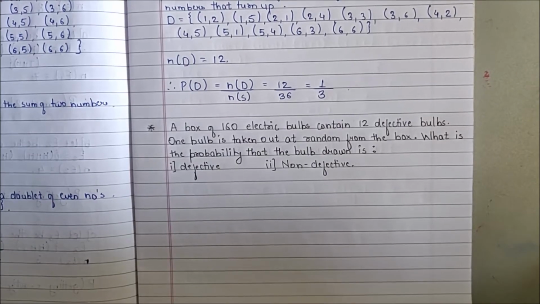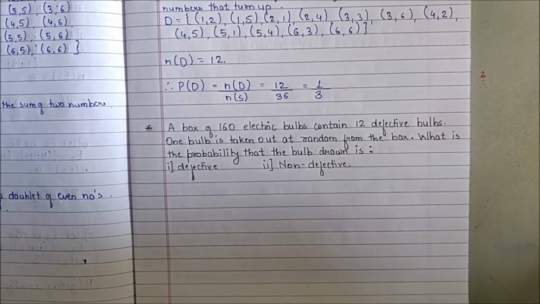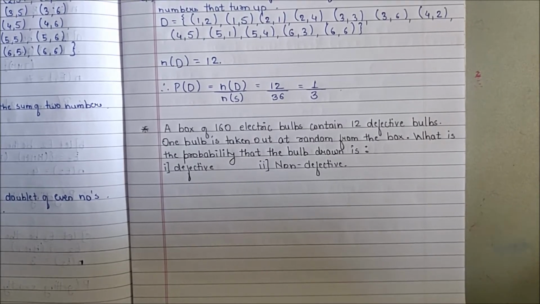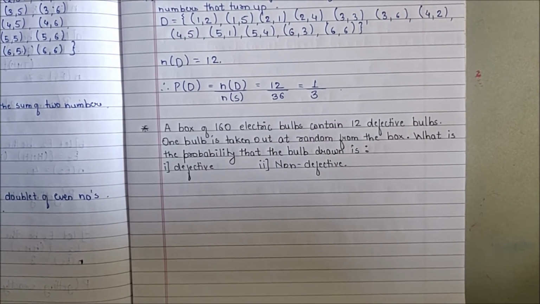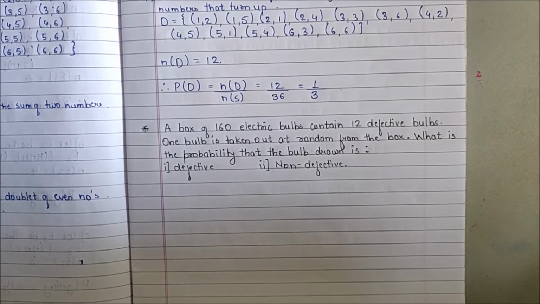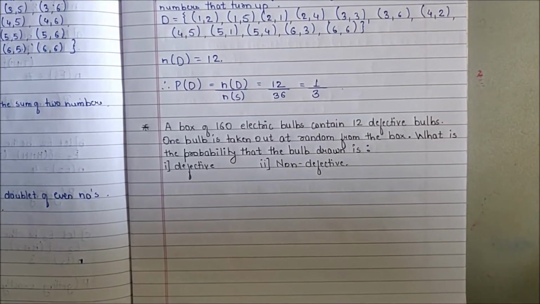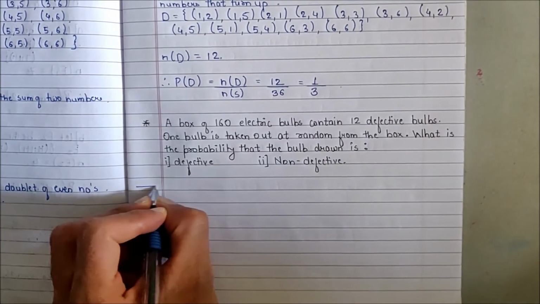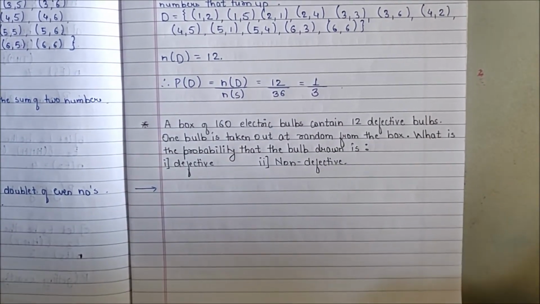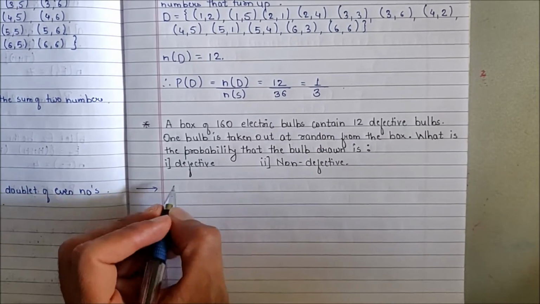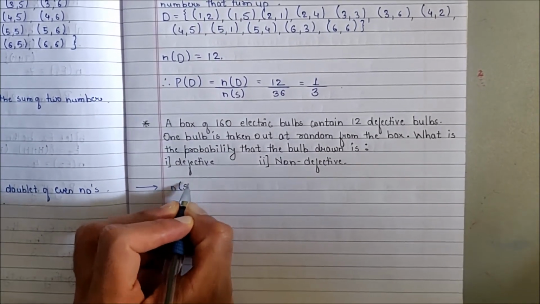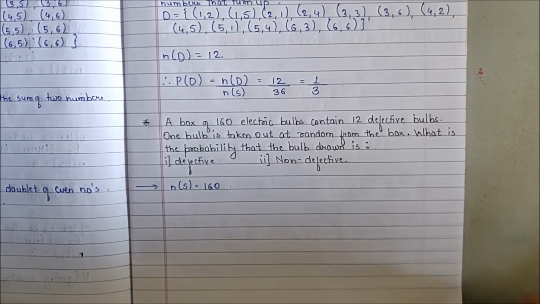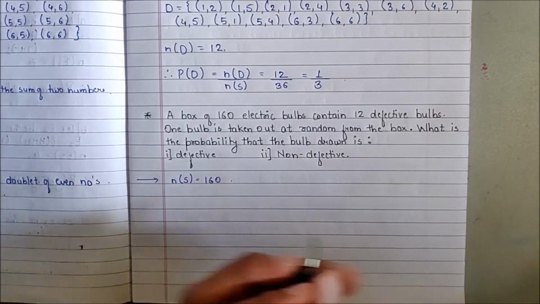The next sum: a box of 160 electric bulbs contains 12 defective bulbs. One bulb is taken out at random from the box. What is the probability that the bulb drawn is defective? And in the second case, they are asking us to find the probability of a non-defective bulb. A very easy example. So here in this case, the sample space n of S is given to be 160. The number of defective bulbs is 12.